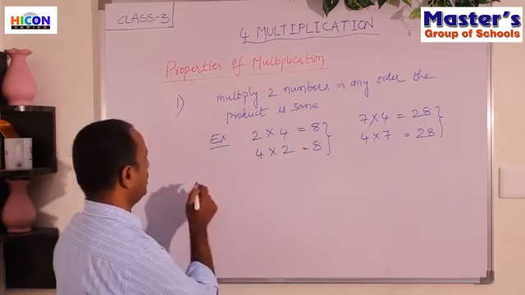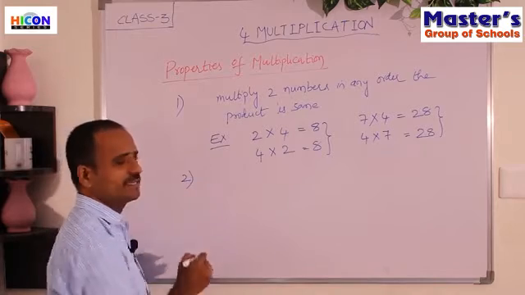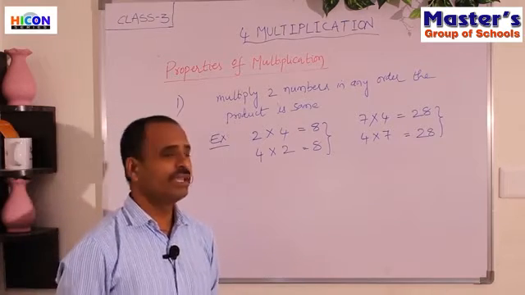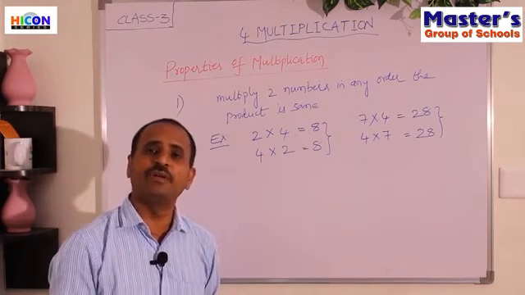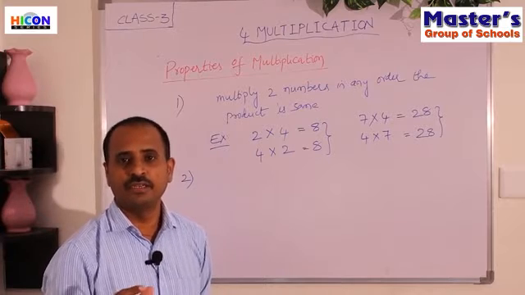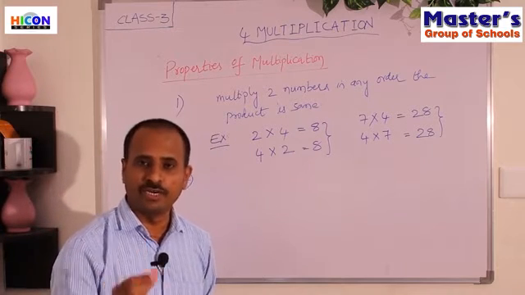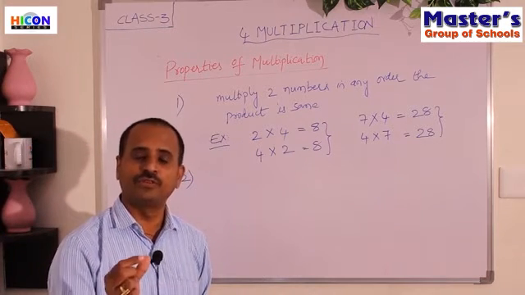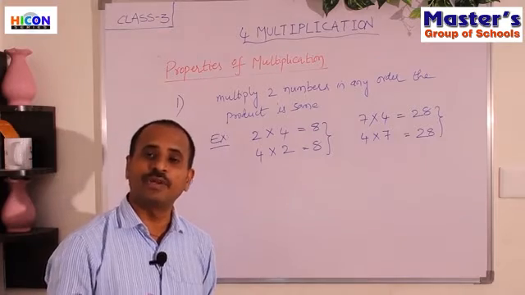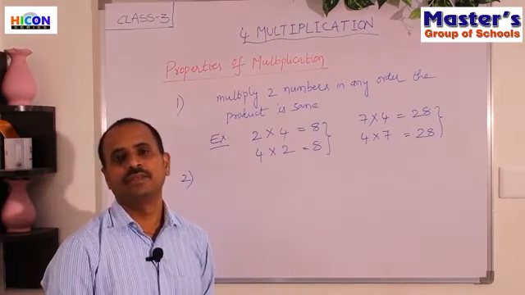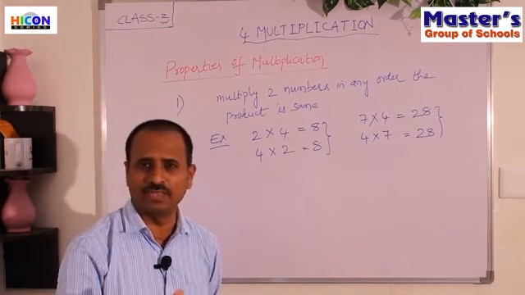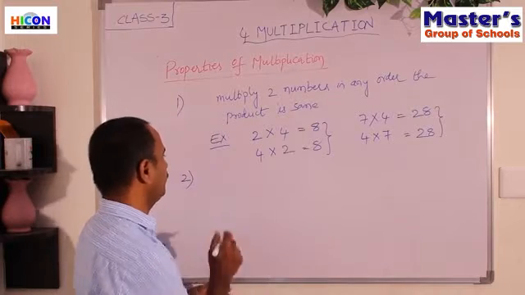Now let us see the second property. So what is the second property? If we multiply any number with 1. Children, listen carefully. If you multiply any number with 1, we will get the same number as the product.